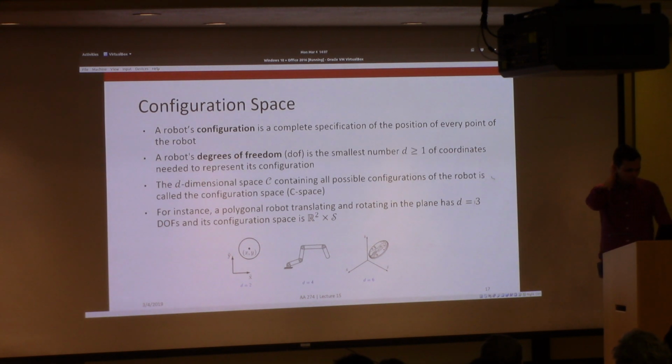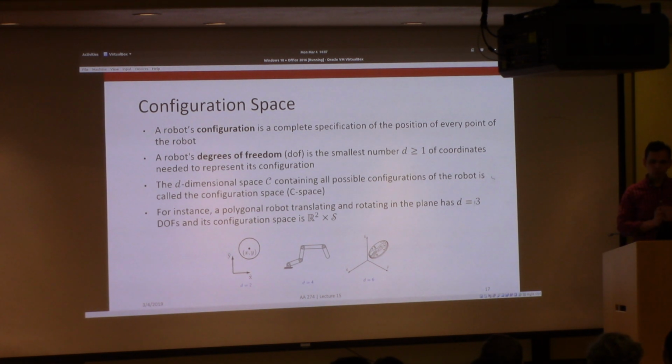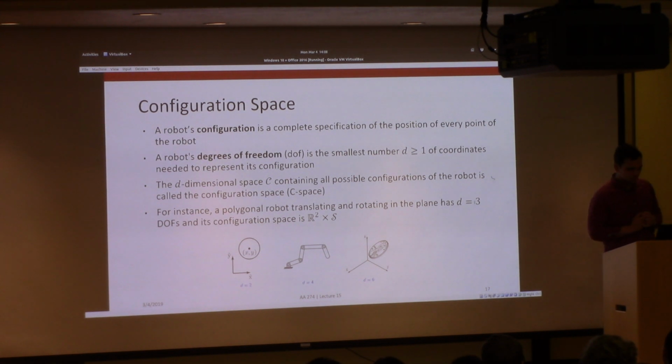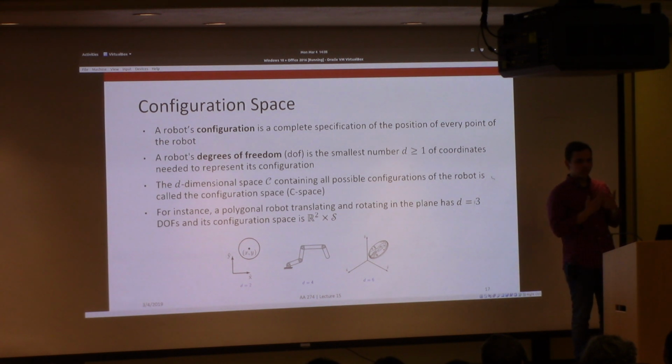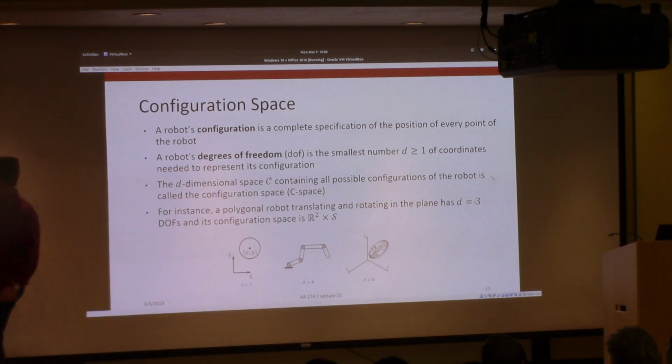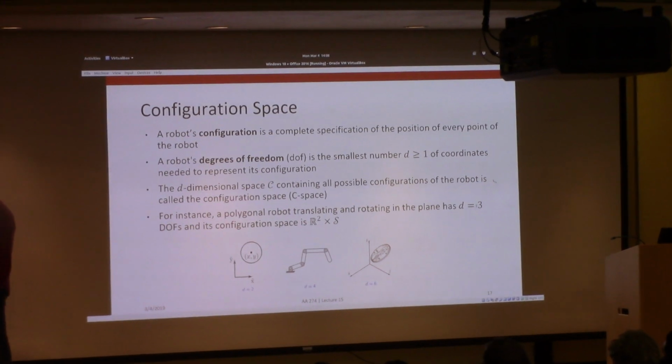So let me describe a few basic definitions before that. First of all, a robot's configuration is a complete specification of the position of every point of the robot. A robot's degrees of freedom is the smallest number, d, of coordinates needed to represent its configuration. So if we have a robot that is basically a polygon that is only allowed to translate in the plane, how many degrees of freedom does it have?